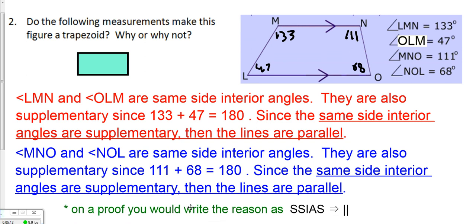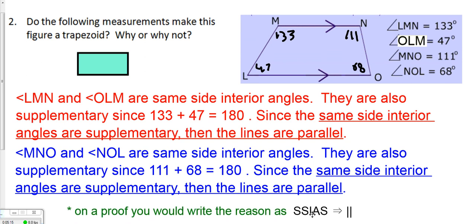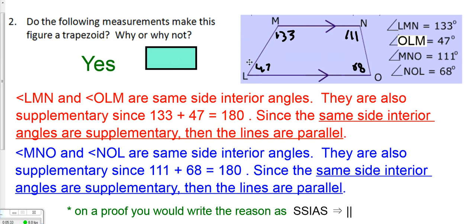On a proof, you would use the reason same side interior angles being supplementary. If we know that these are supplementary, then we know for sure that those lines are parallel. They imply parallel lines. So if these actually are parallel lines and we have a quadrilateral, does that make this a trapezoid? Yes. Yes, it is, because we have one pair of parallel lines.